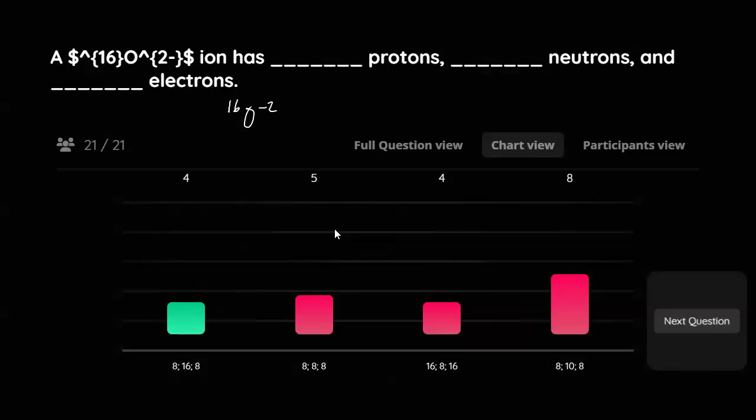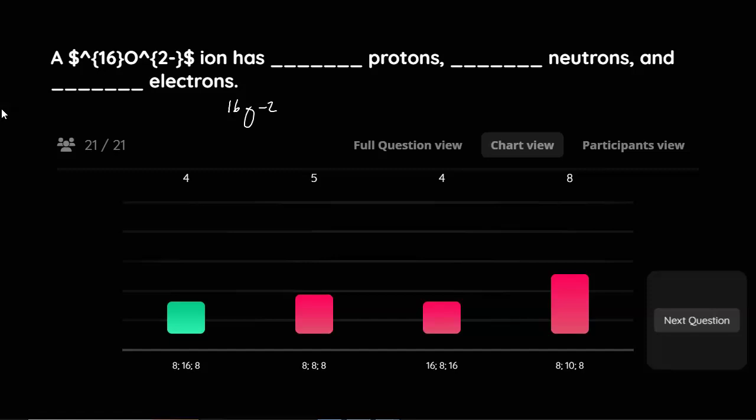Well, that's what I get for not proofreading this. Okay. We know this is oxygen. So what else do we know about it? As oxygen, it's going to have 8 protons. So everything except for this one is a possibility still.